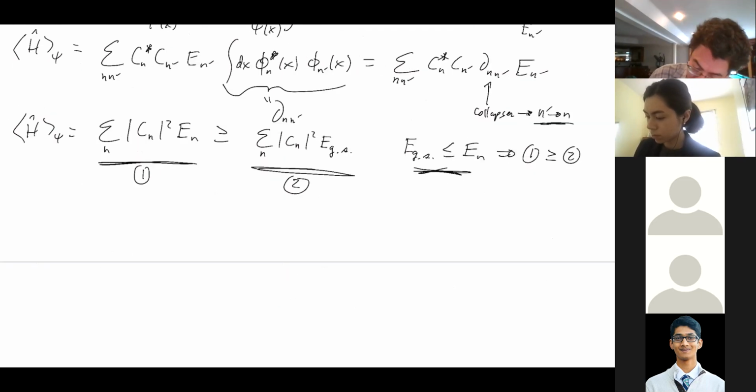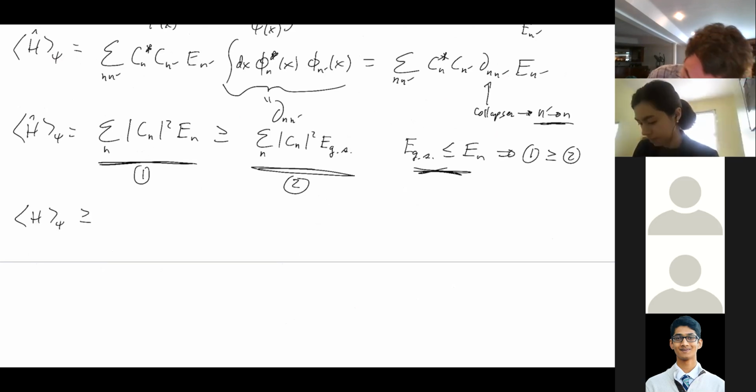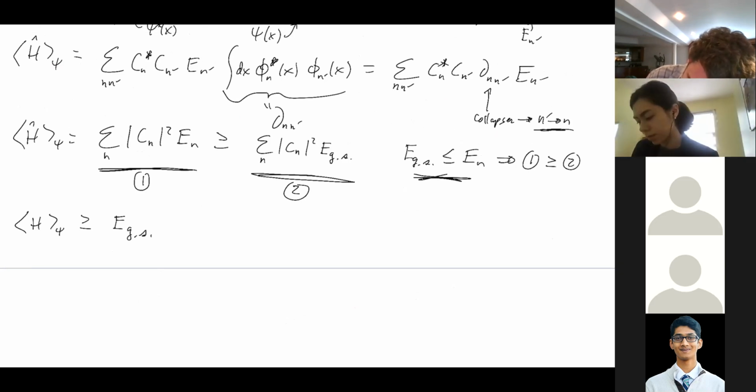And so the expectation value of the Hamiltonian is greater than or equal to this thing, number 2, and I can bring the ground state energy in front, E ground state, and this is a sum over C_n squared.